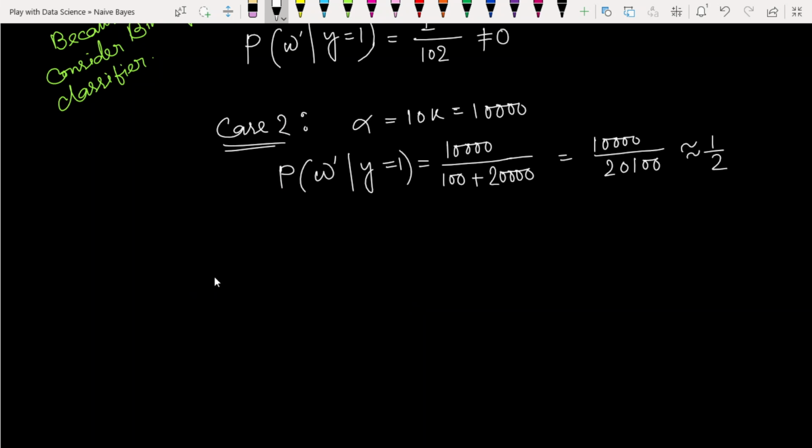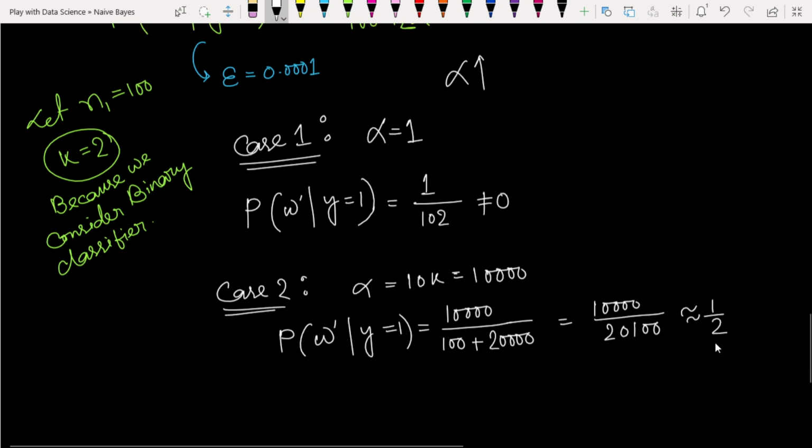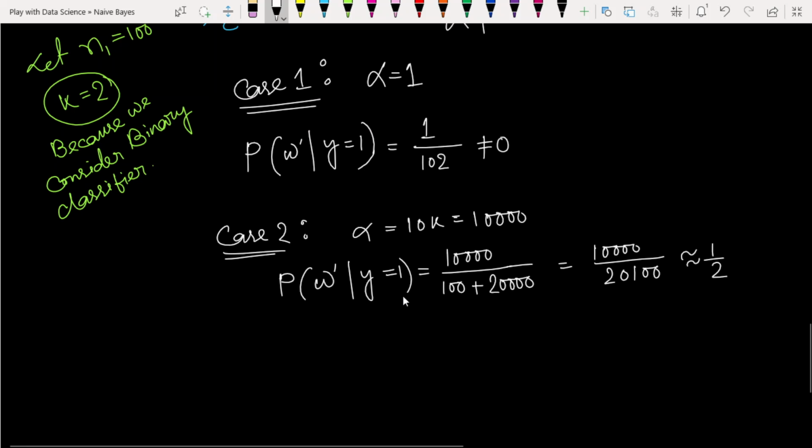We see that if we take alpha equal to 1, this value is so small that it tends to 0. But when we increase the value of alpha, this probability now tends to half. What does this actually mean?